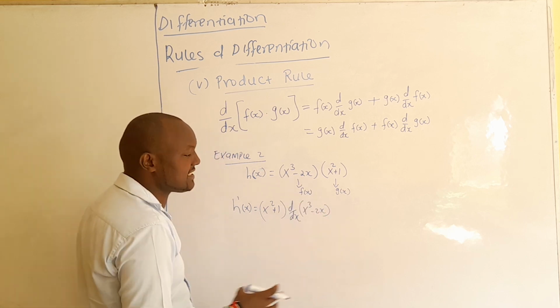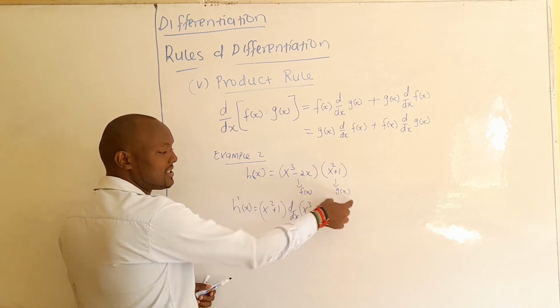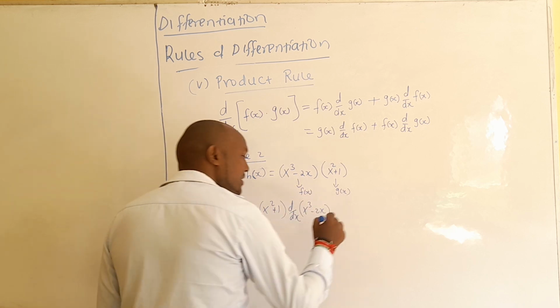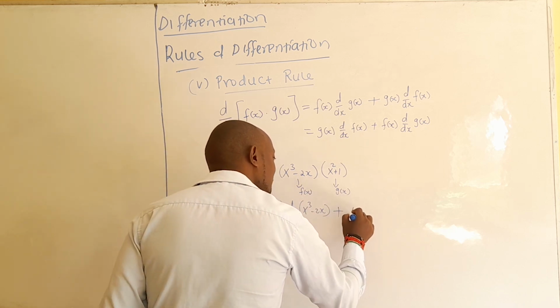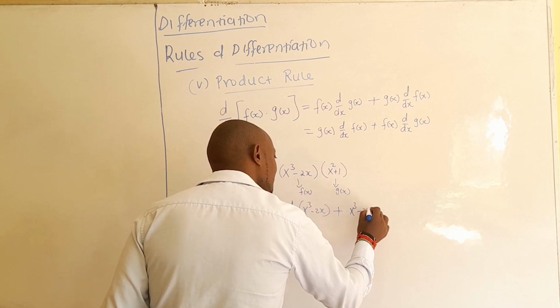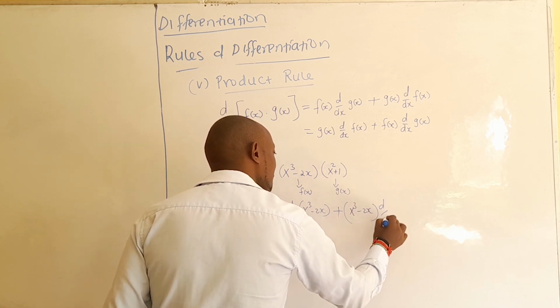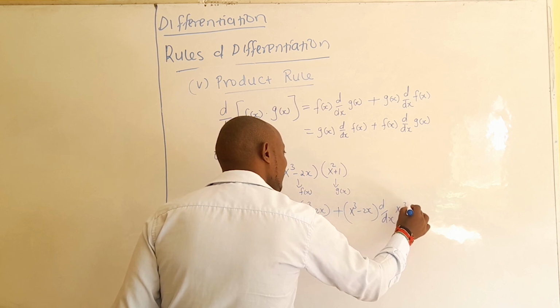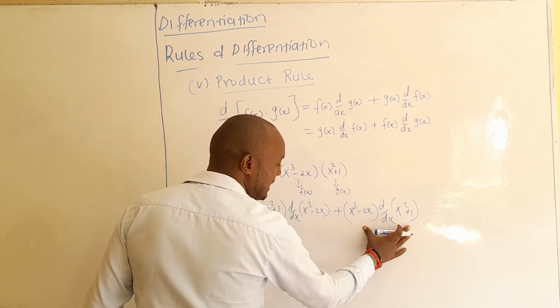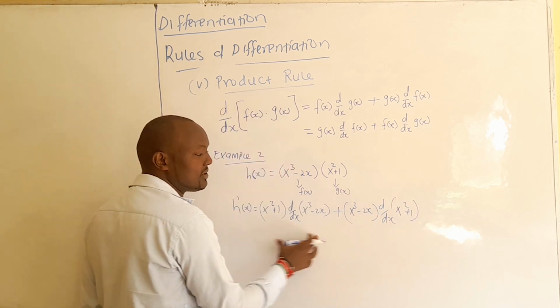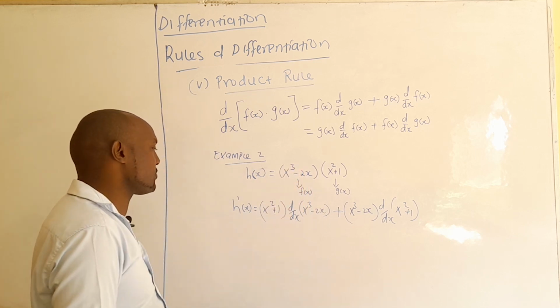I said the order doesn't matter. You may first of all hold this one constant and differentiate this one, like what I'm about to do. Hold this one constant, then you differentiate my g. So you may start with this one plus this one, or this one plus this one. The order doesn't matter when it comes to product rule.